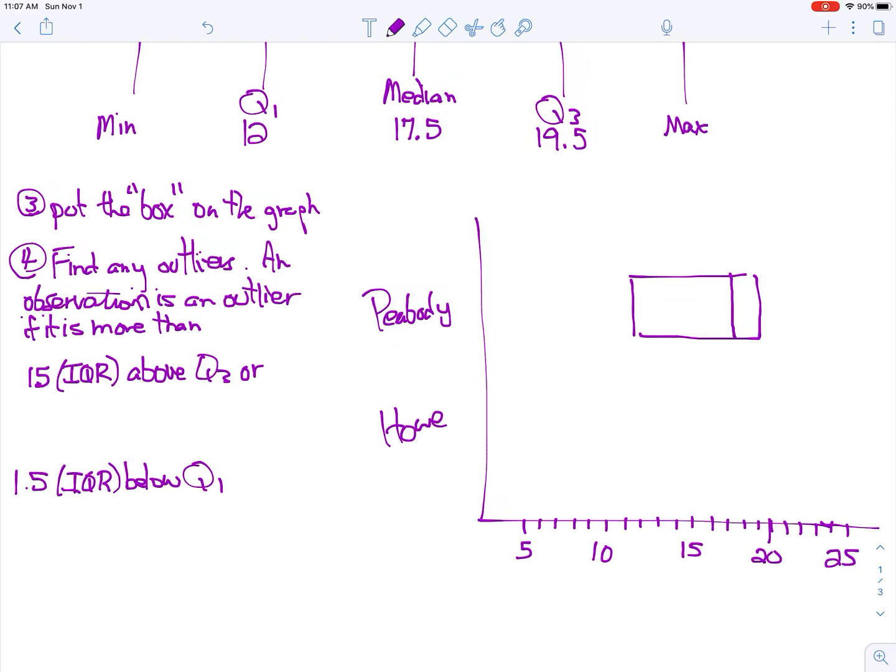So you take your interquartile range, which I haven't told you yet, it's quartile 3 minus quartile 1, and then you do some calculations.